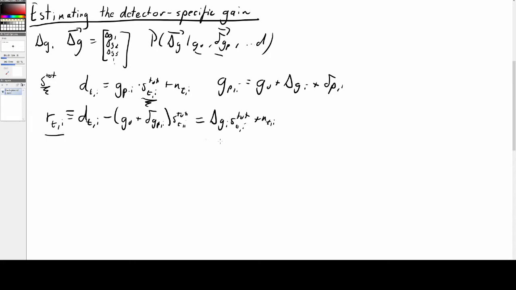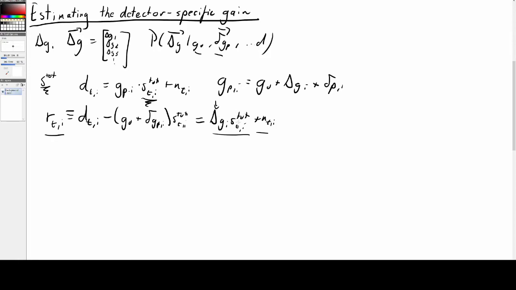So that means that we're back to the situation that we've seen a couple of times now, where we have a data factor on the left hand side that is equal to the parameter that we want to estimate times the signal that we know plus an unknown noise term, which is modeled by a covariance matrix.